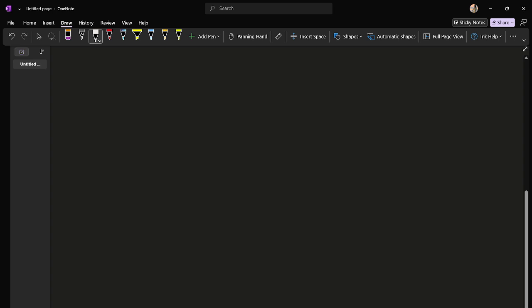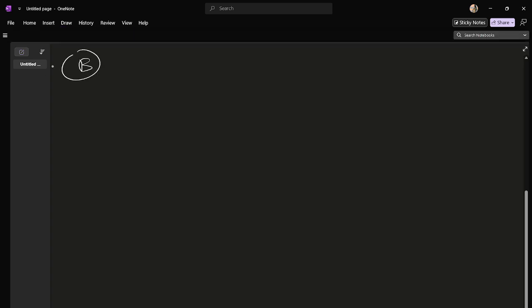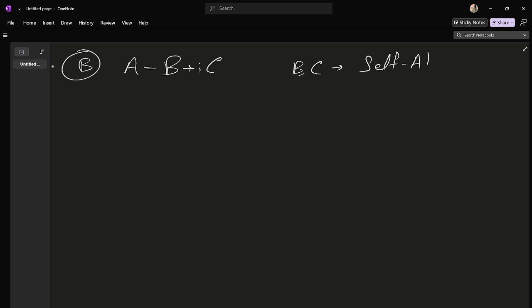Now, we know that every complex matrix A can be written as B plus iC, and B and C are self-adjoint matrices.